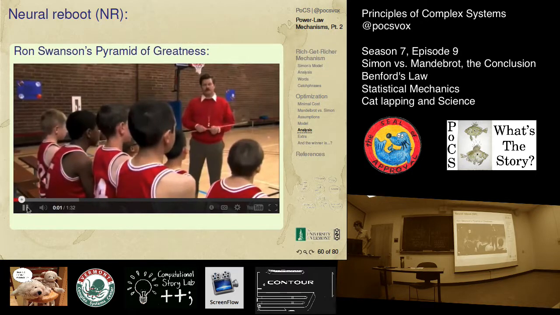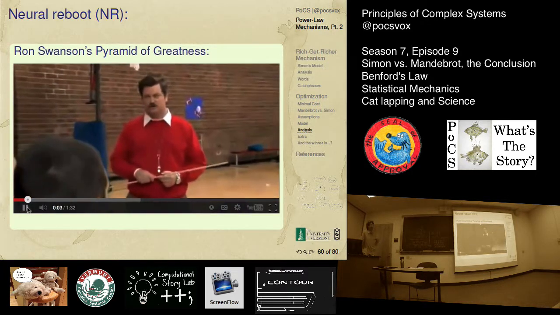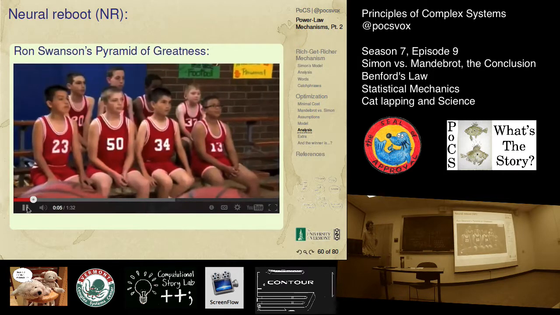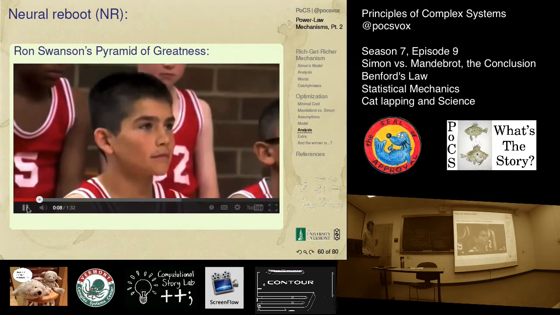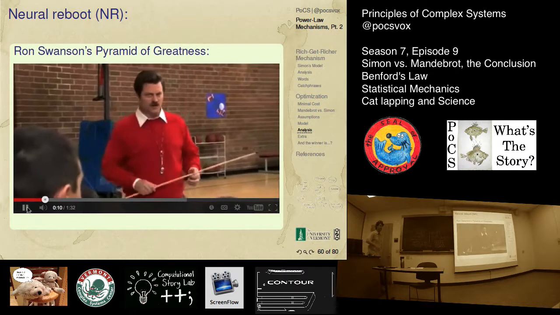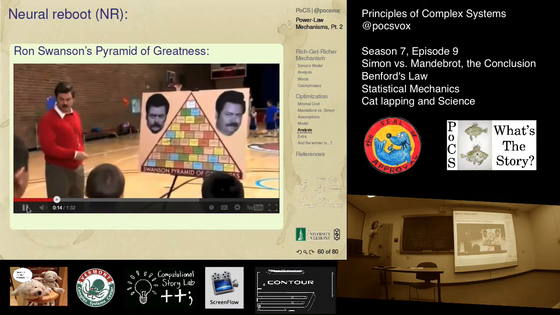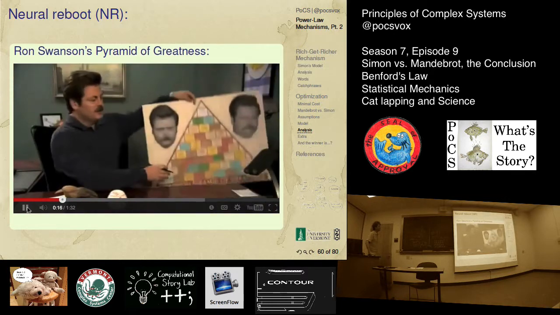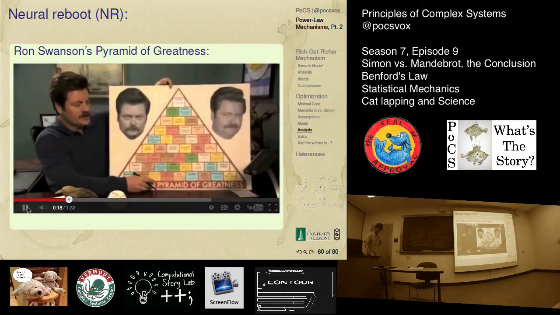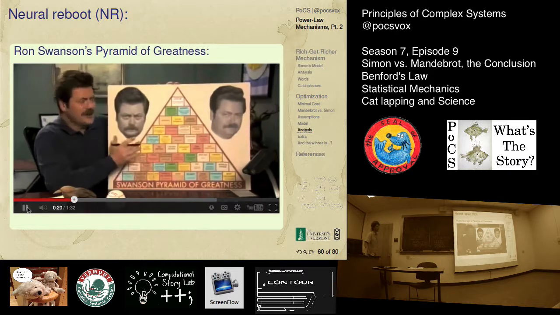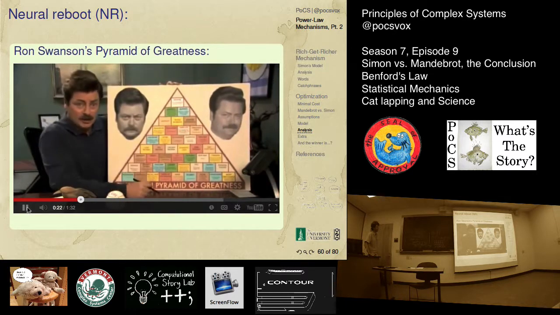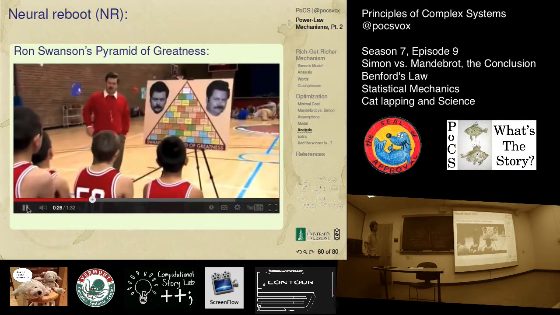Under my tutelage, you will grow from boys into men, from men into gladiators, and from gladiators into Swansons. Behold, the Swanson Pyramid of Greatness. I've been developing the Swanson Pyramid of Greatness for years. It's a perfectly calibrated recipe for maximum personal achievement. Categories include teamwork, very important.